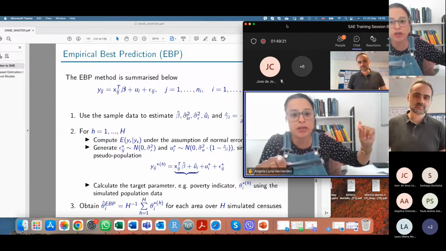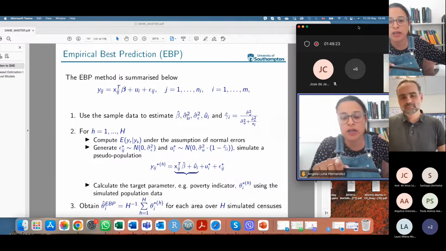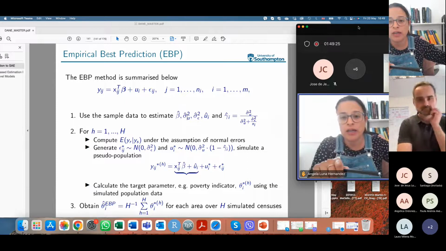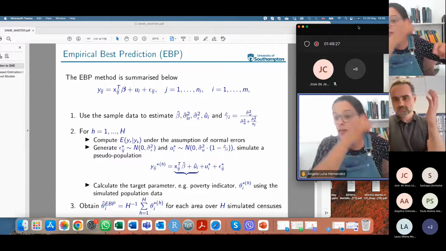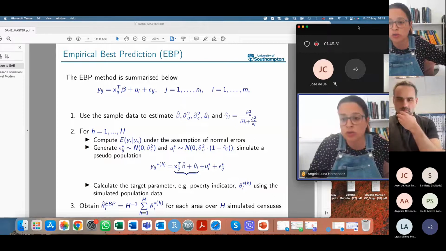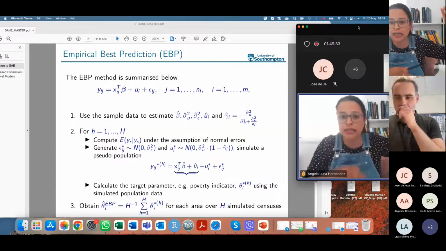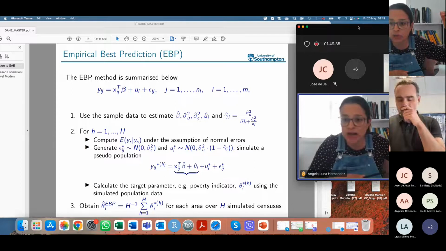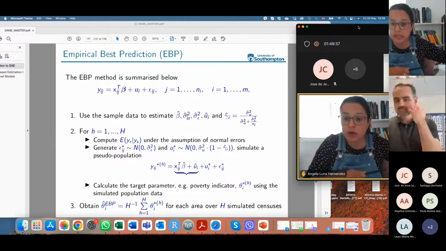And then you also have an estimate of the variance of the errors at level 1, sigma epsilon squared. So now you're going to generate 45 million observations from a normal distribution with mean 0 and that variance. And those are the e_ij star terms that you're going to add to your prediction. And that is in one census.